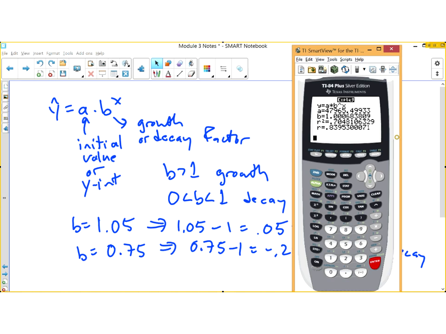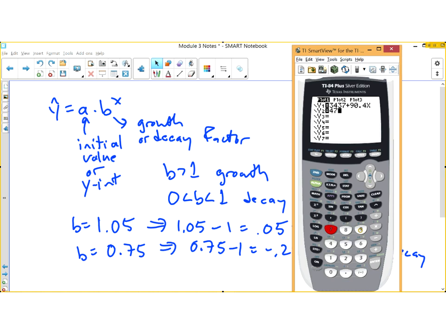If we try to put that in there, let me see if I can write it down so I don't forget it. If we put it into the y equals to look at the graph, it's 47965.5 times 1.000684 to the x.